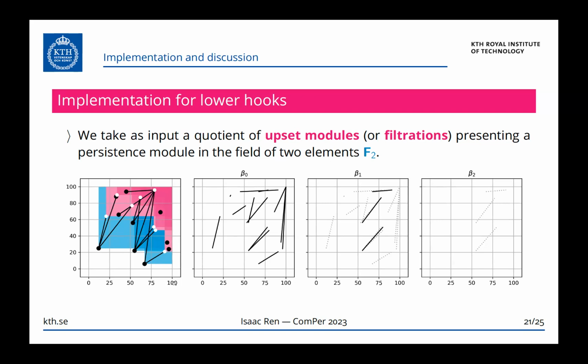And then on the right, we have the Betti diagram, so beta 0, beta 1, and beta 2, represented by black lines. So a black line between 2 points of this grid means that the element of J, which is a pair of points, the lower hook associated to that has a Betti number that is non-zero.